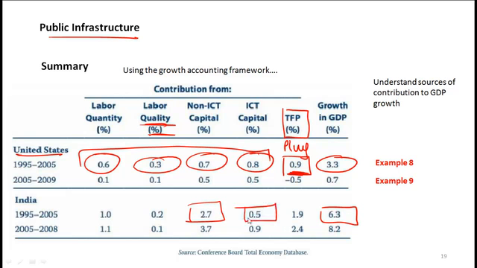Also, some contribution came from information technology related capital, and total factor productivity contributed 1.9% of this number. And again, the 1.9% is a plug. We did 6.3 minus all these numbers, and essentially we can then say that 1.9% of the 6.3 came because of better technology or better productivity.